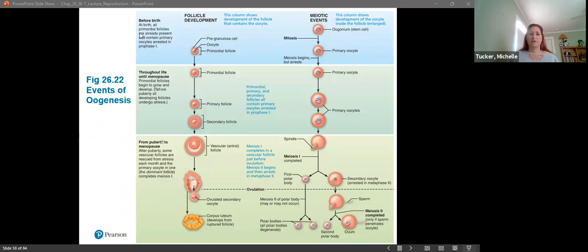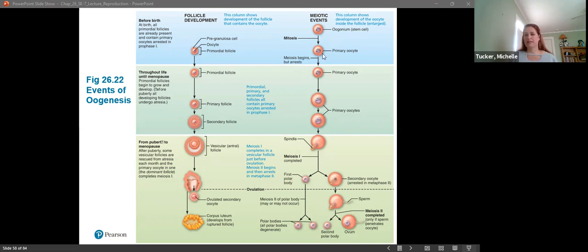Before birth, primordial follicles are already present, and they are going to go through mitosis and create a primary oocyte. But it is going to arrest, so it pauses in prophase 1.